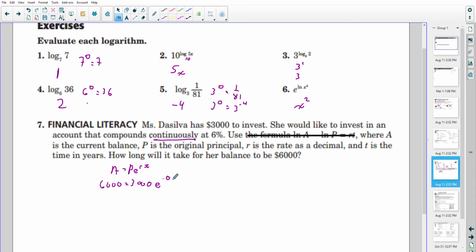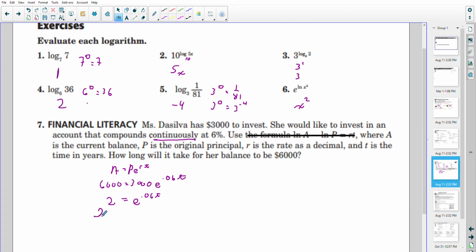Your rate is 0.06, and the time is question mark. So you're going to divide by 3,000 first, and now what you're going to do is do the logs. Change it to a log form so you can drop that t down to the main level. You could take the log of both sides, or you could just convert between the forms.